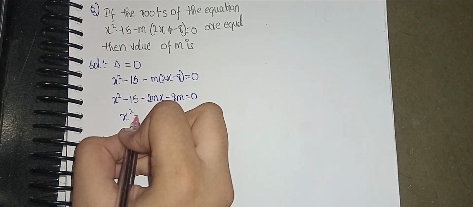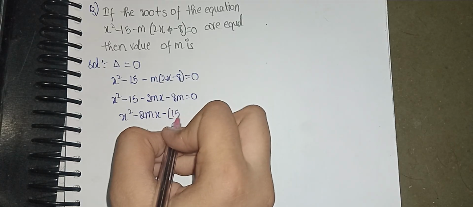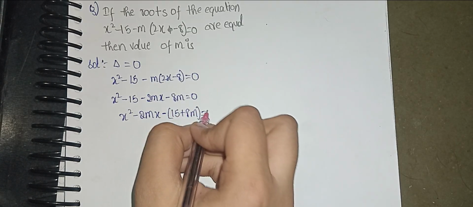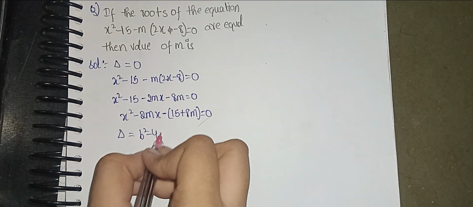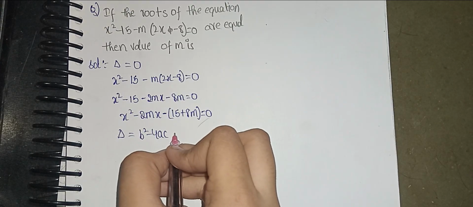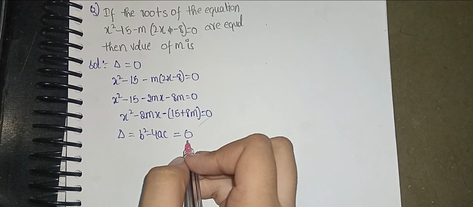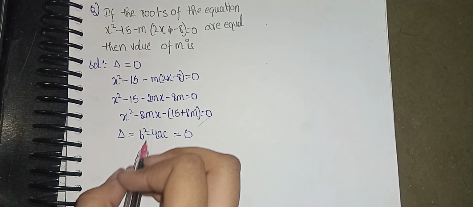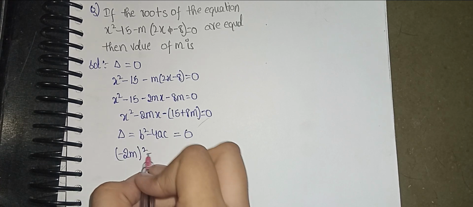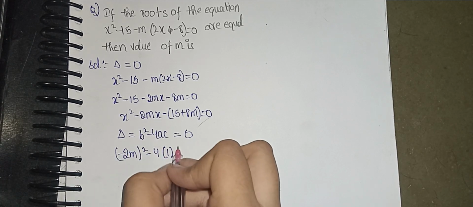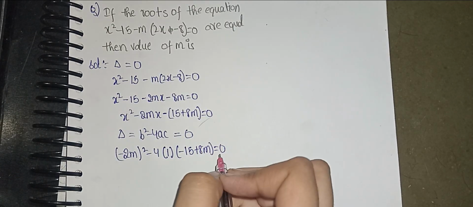Means x square minus 2mx minus 15 plus 8m is equal to 0. What is delta? B square minus 4ac is equal to 0. Means what is b square? Minus 2m whole square, minus 4 into 1 into what is c? Minus 15 plus 8m is equal to 0.